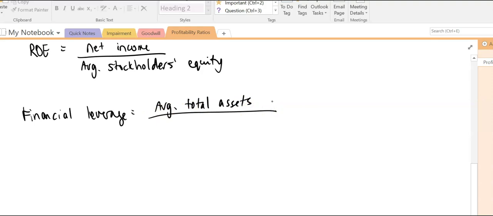You might be wondering at this point, what does leverage have to do with profitability? And we will see that in just a moment.